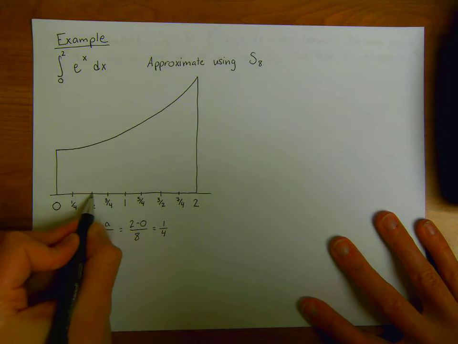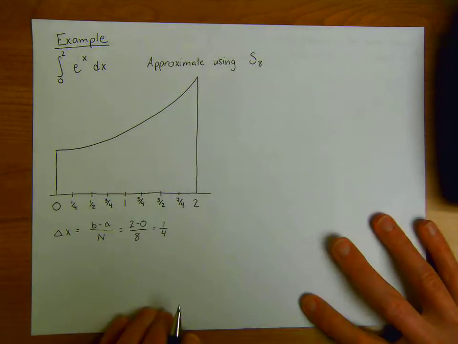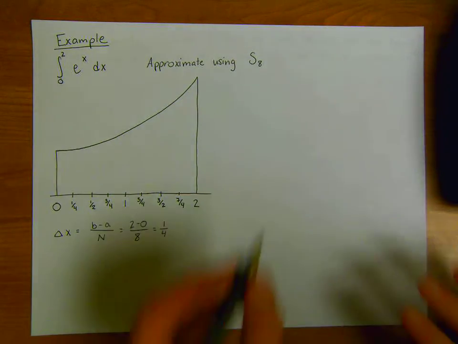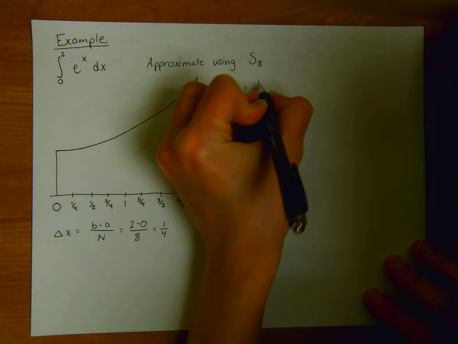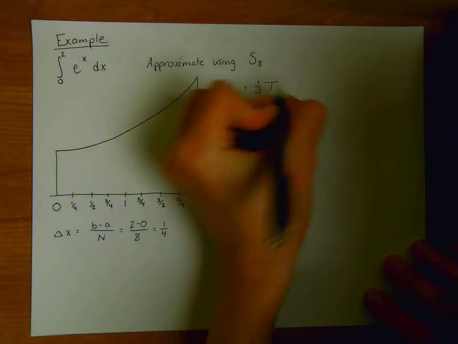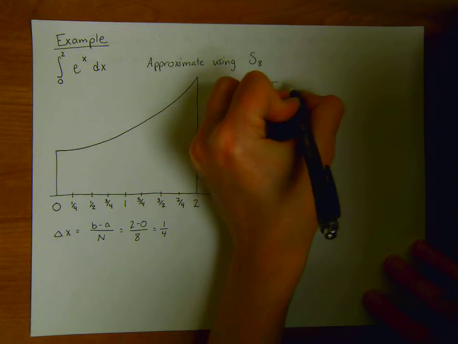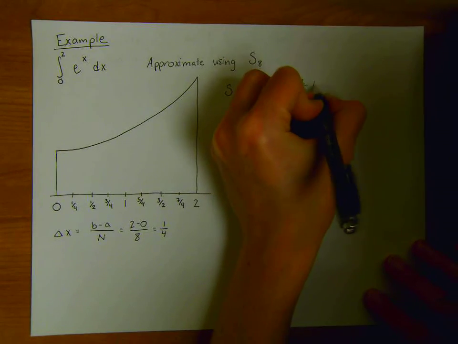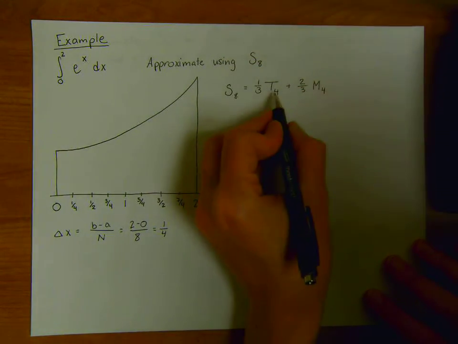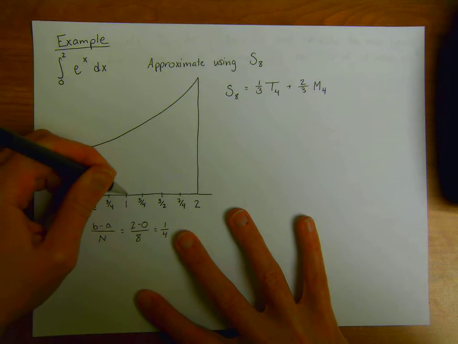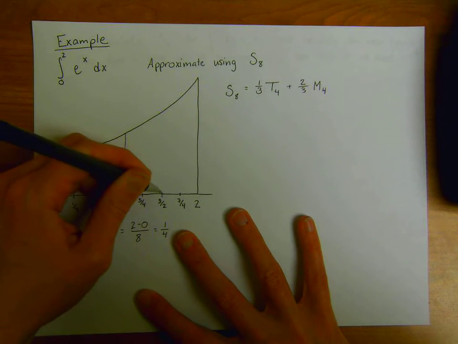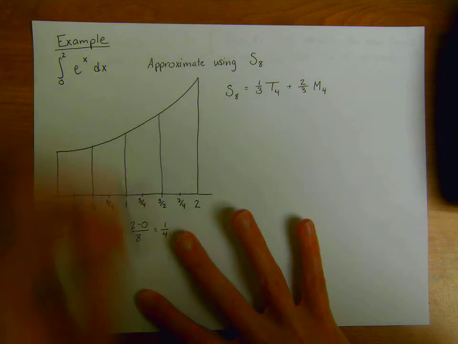And I've already labeled all 8 of those. And when thinking about this, S8 is going to be the weighted average of T4 and M4, because I'm going to use half as many for my trapezoids and for my midpoints, and I can visualize what's going on here like this.